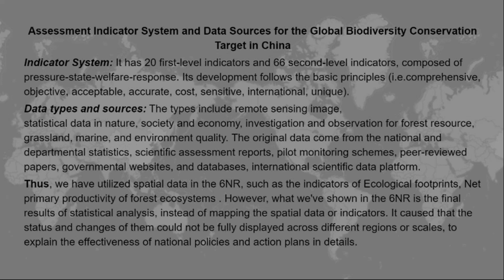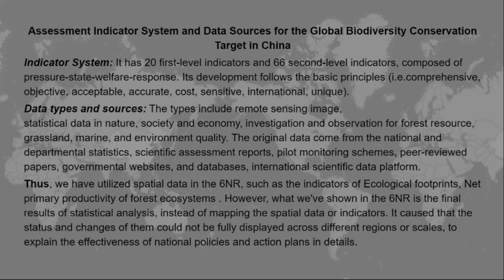So, we have utilized spatial data in the sixth national report, such as the indicators of ecological footprints, net primary productivity. However, what we have shown in the sixth national report is the final results of the statistical analysis instead of mapping the spatial data or indicators.